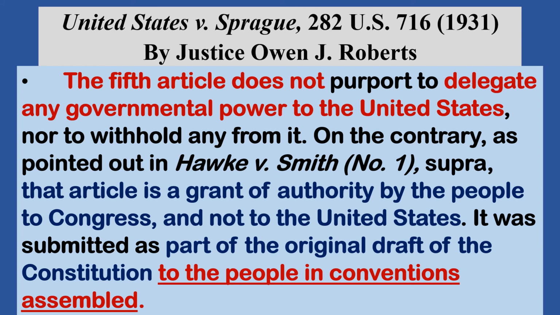The last case we'll cover in this video is United States versus Sprague, a 1931 case. In this case, the parties were arguing that the 18th Amendment was not valid because it was ratified in the state legislatures rather than state ratification conventions.